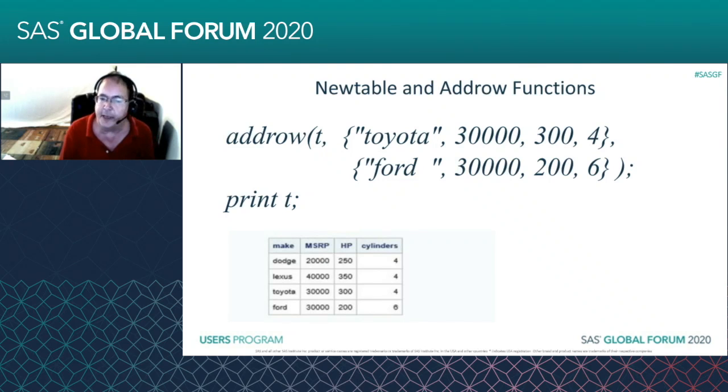All I'm going to say is print. I don't tell it anything else, and what I get back is really nice output. I get Output Delivery System output. I get a nice graphical representation of the data. You'll see more about what ODS can do a little bit later on.